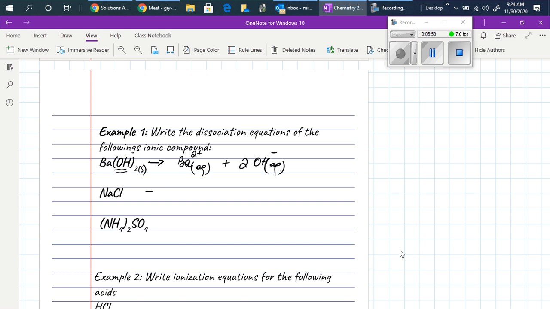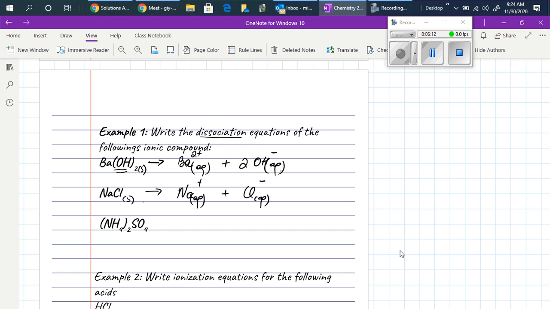In the next case, it's a solid, and when we write the dissociation equation, we put it into water, so we'll have an aqueous solution plus and Cl aqueous solution minus.